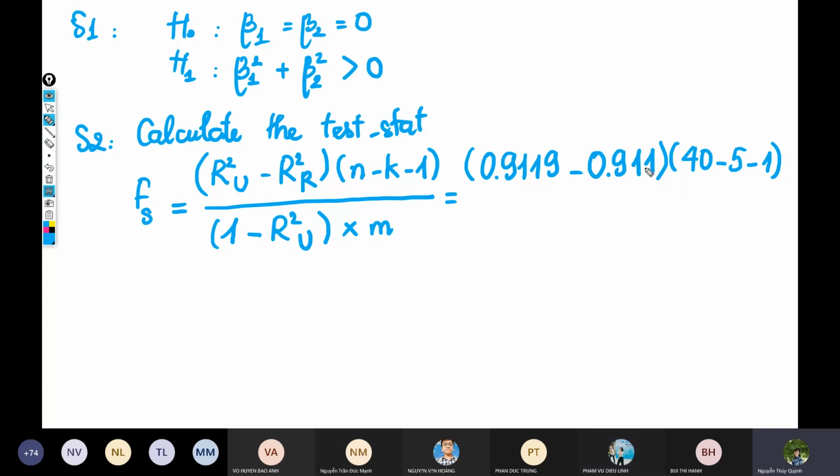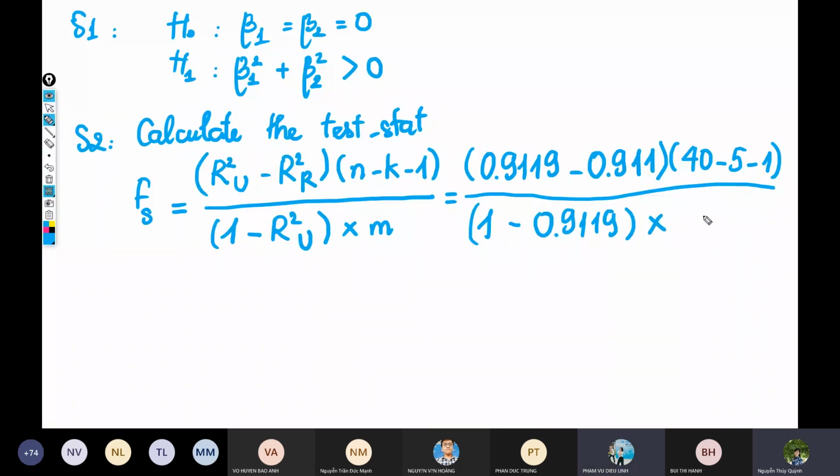And divided by 1 minus 0.9119, and times m, the number of restrictions in the null hypothesis. How many restrictions do we have here in the null hypothesis? Yes, 2. That is beta 1 equal to 0 and beta 2 equal to 0.